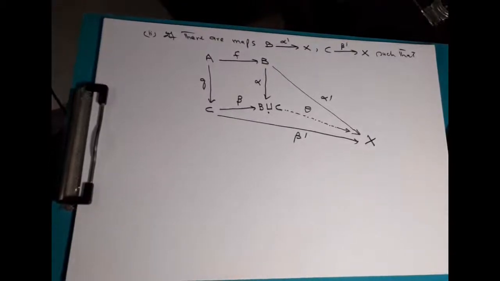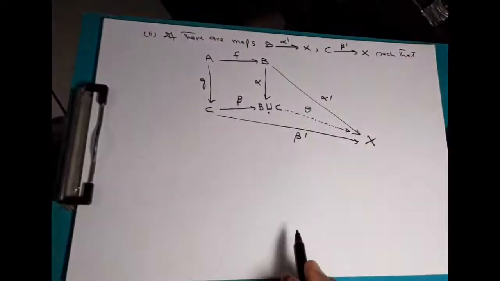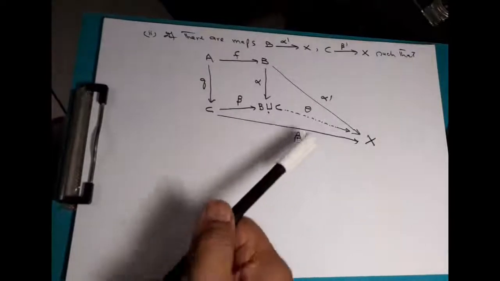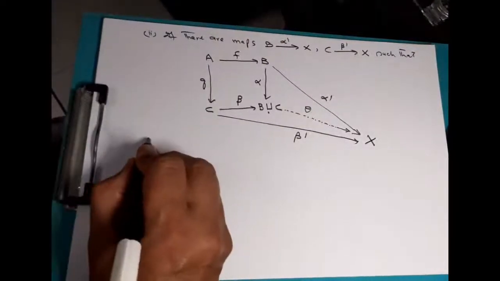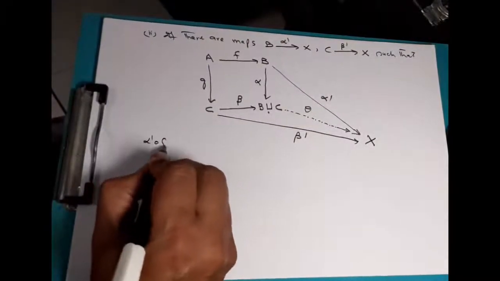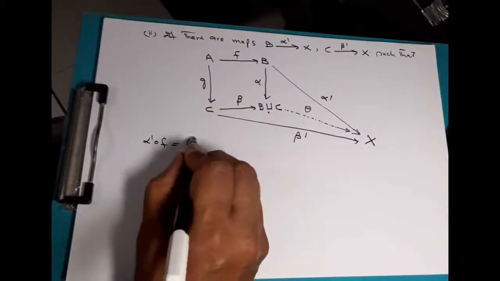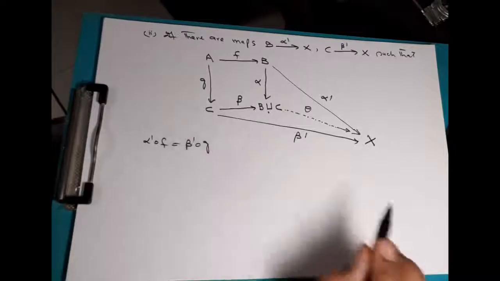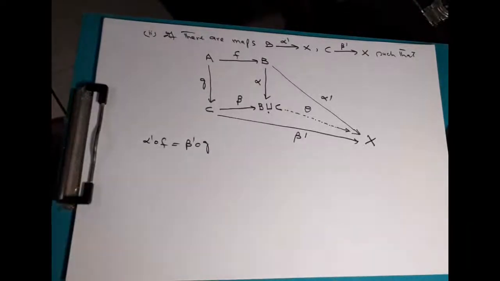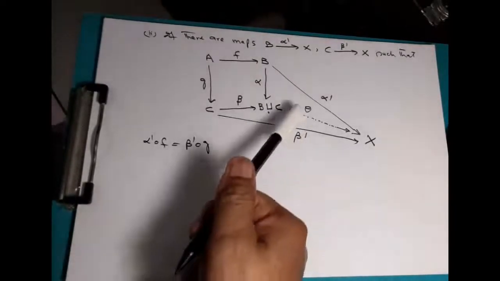So such that alpha dash composed with F is equal to beta dash composed with G. So we have to define this map.